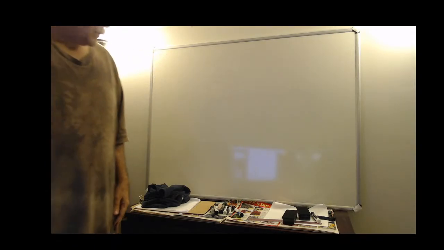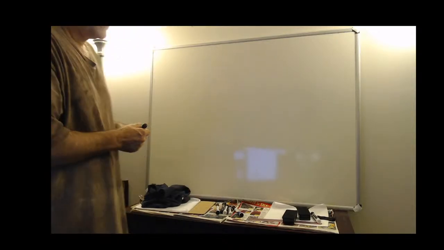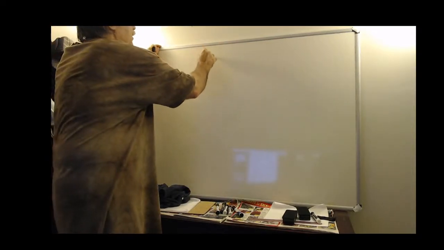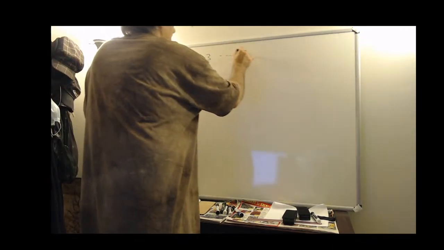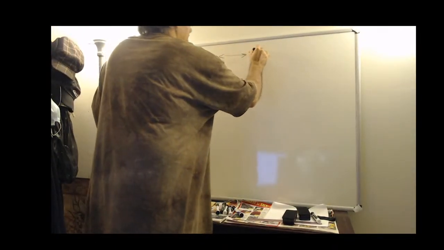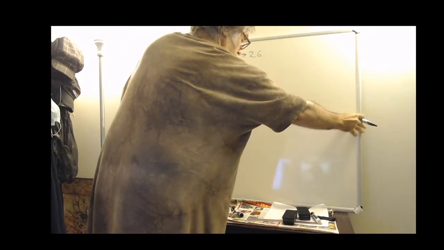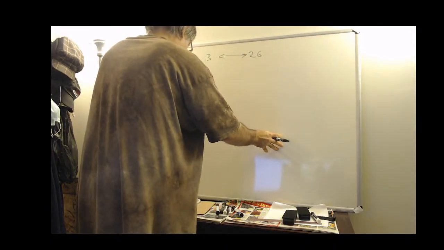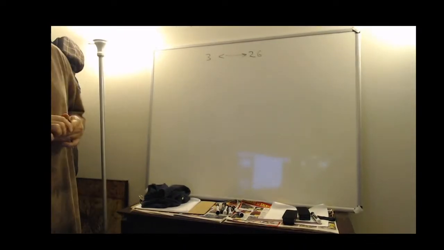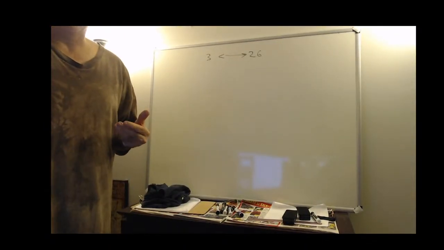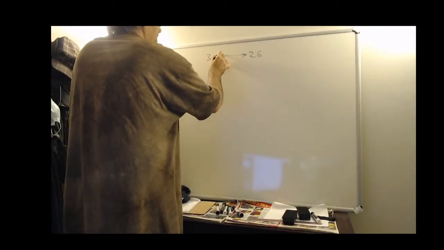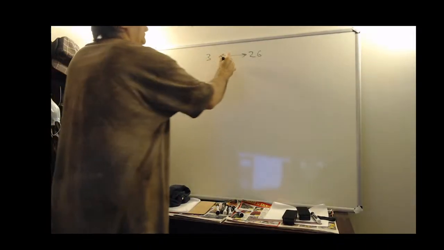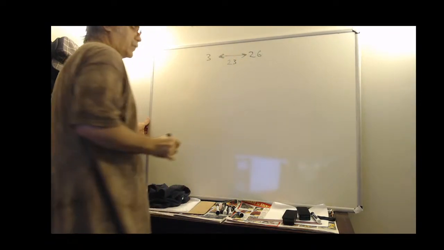The data that I have goes from the number 3, the smallest purchase in that gift shop, all the way to the number 26, the largest purchase value in that gift shop. So I have it from 3 till 26. This is called a range. You can say from 3 to 26, or you can say it's 23, because that's what the range is.